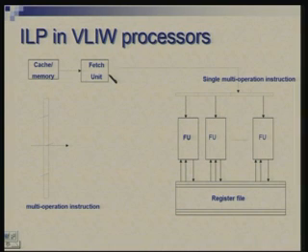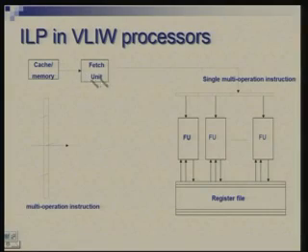Between VLIW and superscalar, the difference will be the way instructions are fetched and pushed in the pipeline. So, in case of VLIW, we will expect that the compiler forms long instructions carrying multiple operations, and the hardware will simply take them one by one and execute them.